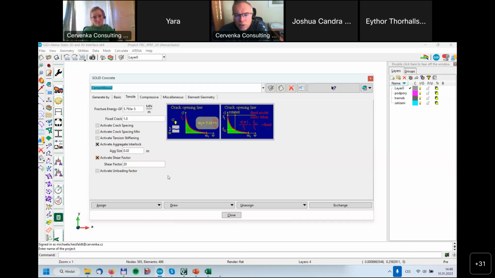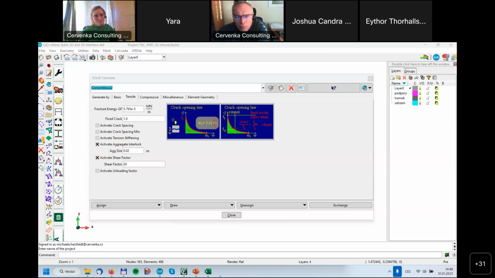Or you can assume some irreversible crack opening, and that's why we use this unloading factor. So if you have the standard value of the unloading factor, I think it's 1 standard way.